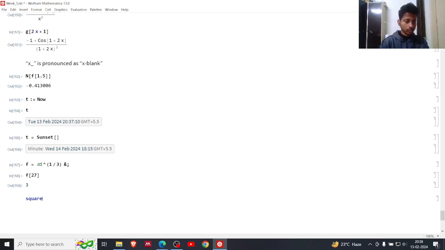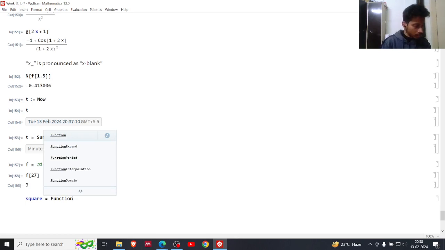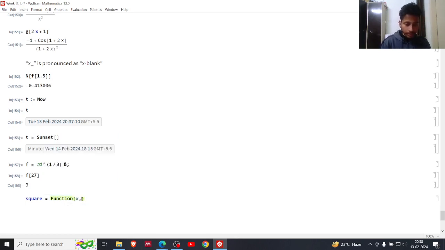Okay, now again square equal to Function x to the power 2.